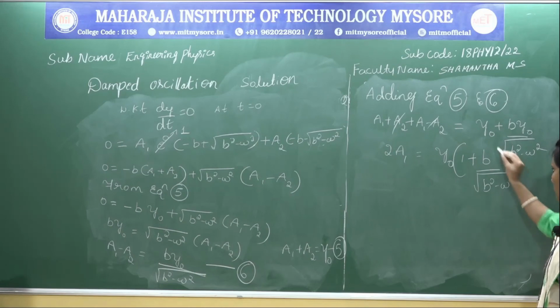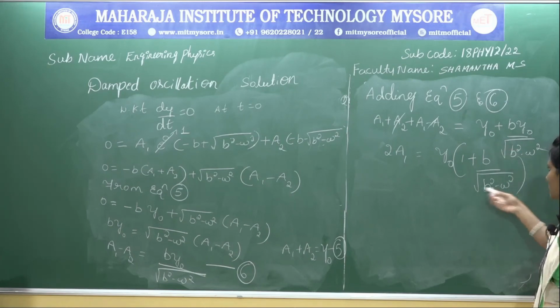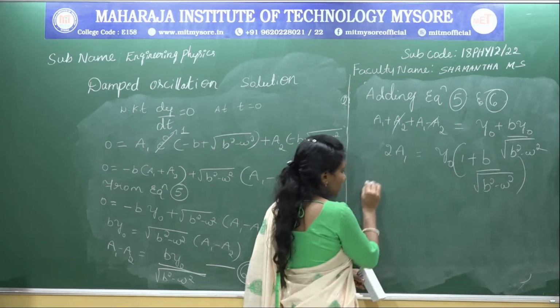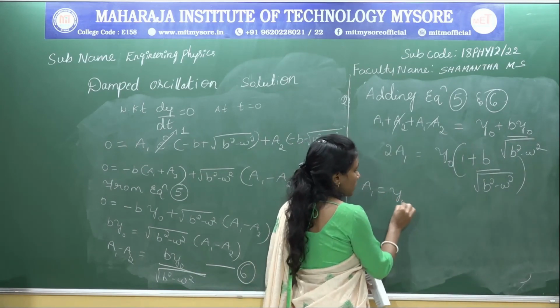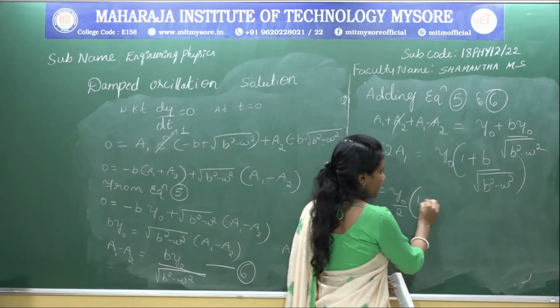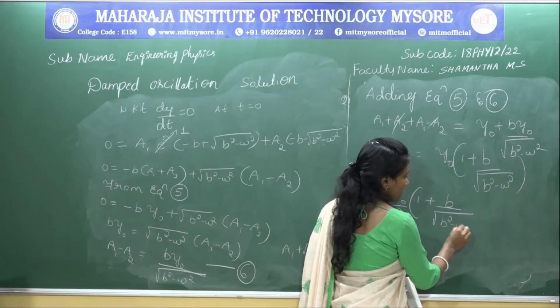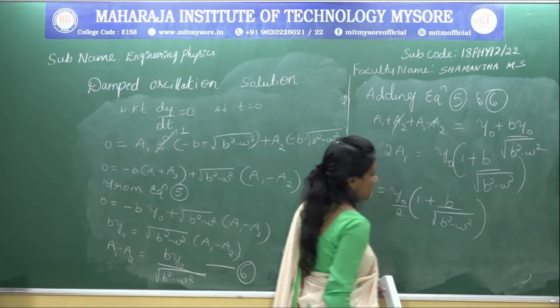So a1 becomes y naught by 2 times 1 plus b divided by root of b square minus omega square.